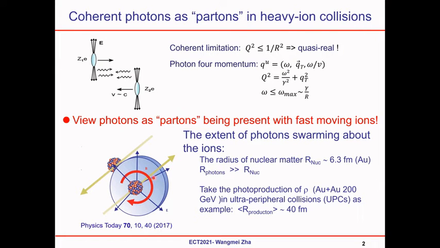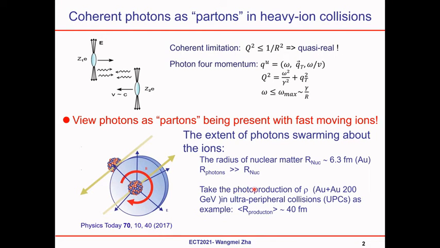And because the electromagnetic field is a long-range interaction force, the extent of the photons swarming about the ions is very large, which means that even when you have no nuclear overlap, when the colliding nuclei are just passing by, for example when the impact parameter is greater than the sum of the radii of the two colliding nuclei, you can still have interactions.